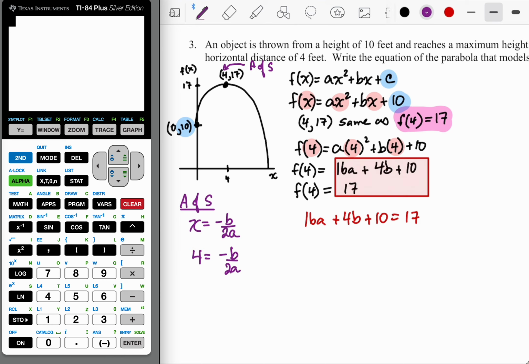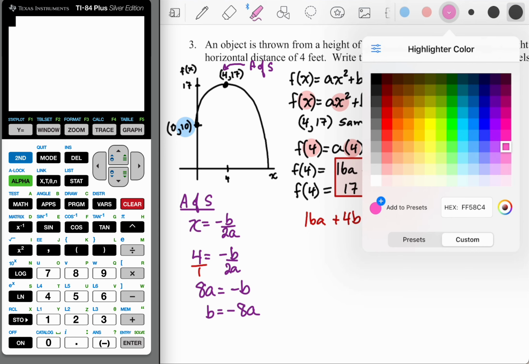So I put that 4 over 1, cross multiply, I'm going to get 8a is equal to negative b. If I multiply both sides by negative 1, bottom line is b is going to be equal to negative 8a. Oh, sorry, negative 8a. It'd be nice if it was just a negative 8. We'd be pretty much done with the problem.